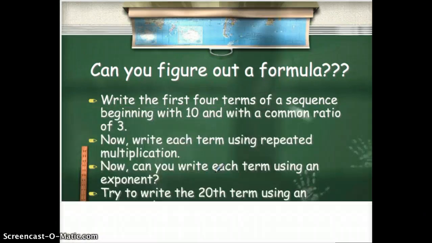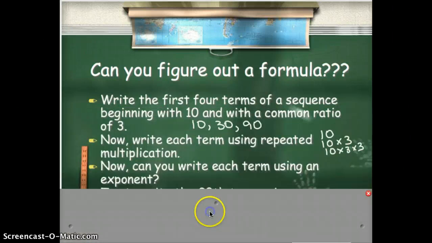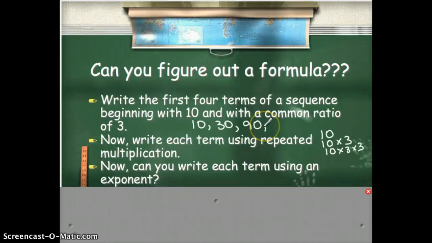Okay, and now what I want you to do is write each term using an exponent. I'll finish this out. So times 3 again, which should be 270. Times 3 again should just be 10 times 3, times 3, times 3.